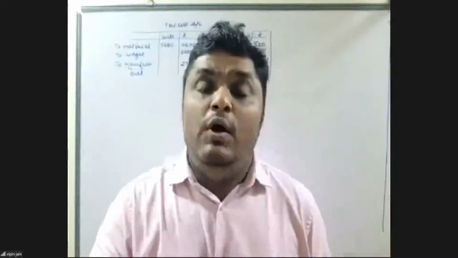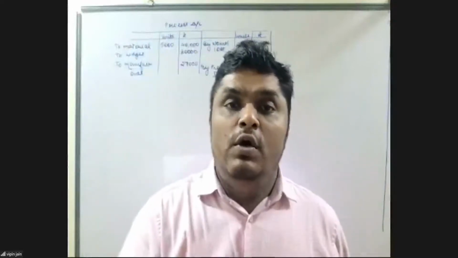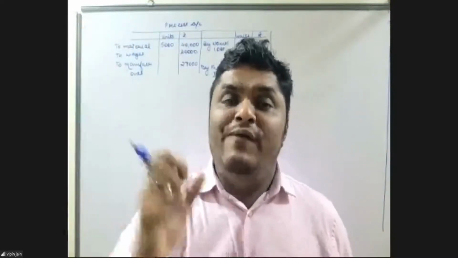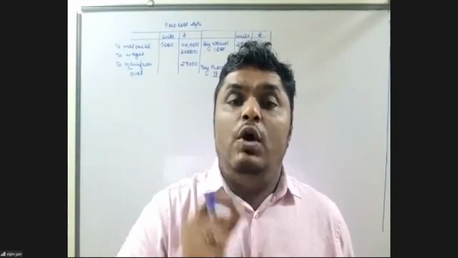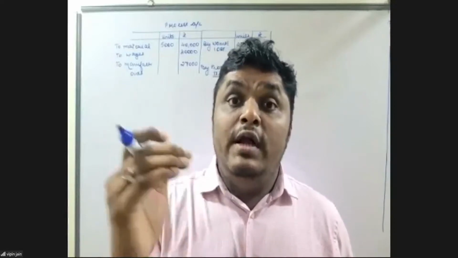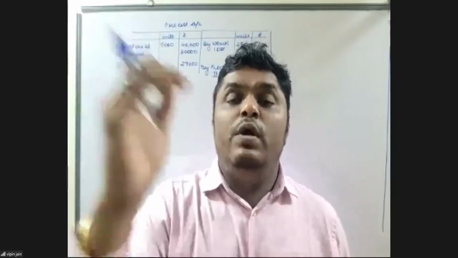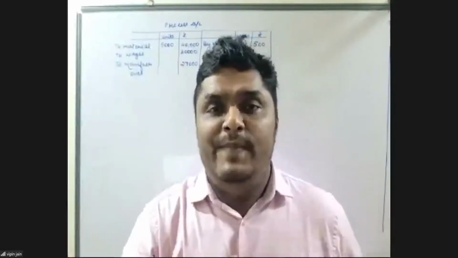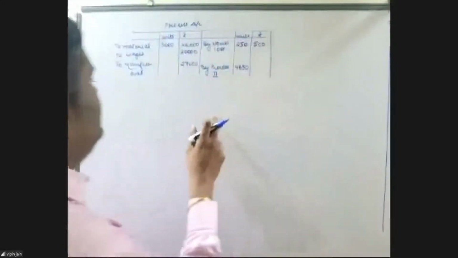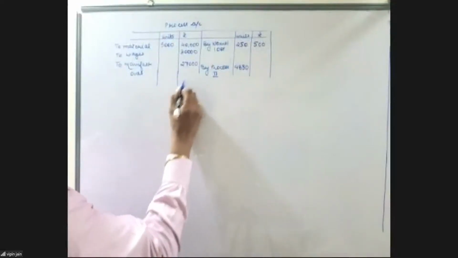I was expecting an output of 4,750 units. However, when the actual figures were out, my actual output was 4,850. That is 100 units more than what I expected. So these 100 units are my abnormal gain.